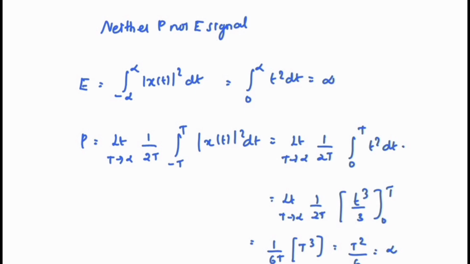If I solve, for T to infinity, 1 by 2T, I will get t cube divided by 3 from 0 to T. I can take 1 by 6 common, so I will get T cube. If I solve, I will get T squared divided by 6, that goes to infinity. So it is neither a power nor an energy signal.